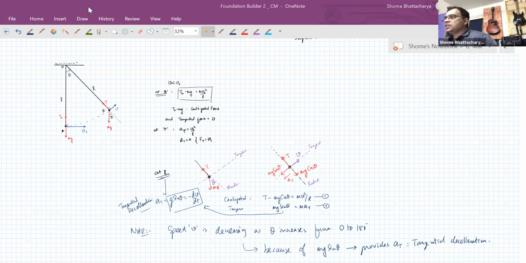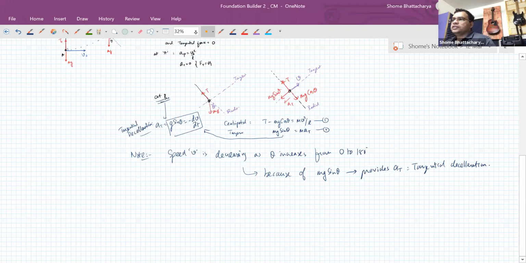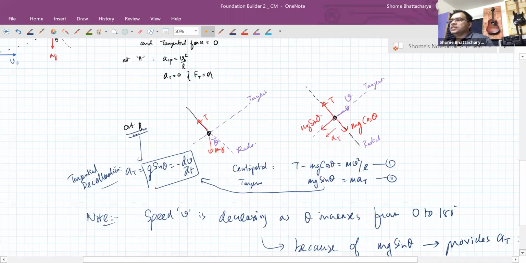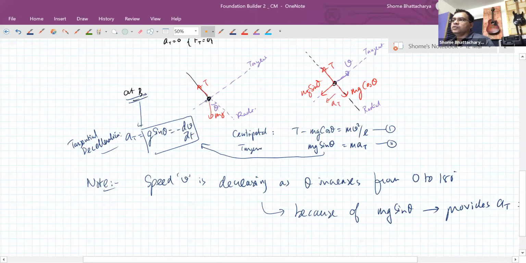Yeah, so people, let's understand this in more detail. So if you look at the free body diagram at the point B, it's clear to you what is happening, that the component of mg that is acting along the tangent, this mg sin theta component here, it is acting opposite to the velocity.